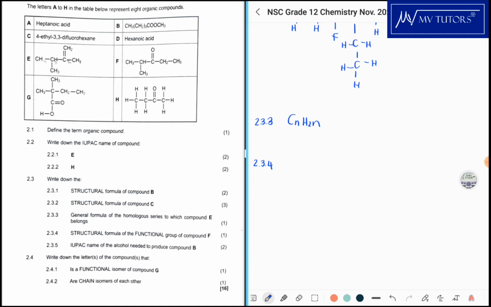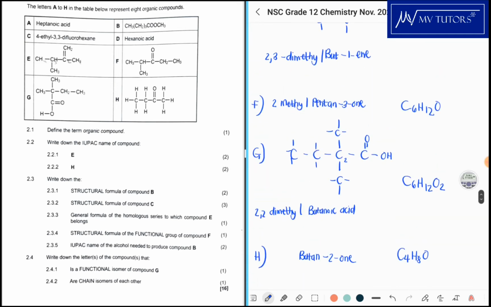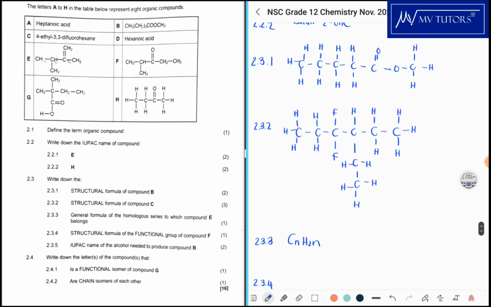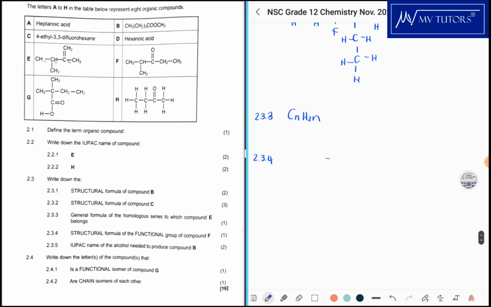Now we need to get the structural formula of the functional group of compound F. What did we say about F? We said that F is a ketone, and they want the structural formula of the functional group. So you're not going to put the whole, they already put the structural formula for us, but they just want for the functional group. So for ketones, we know that you have a carbon with a double bond to oxygen somewhere in the middle.